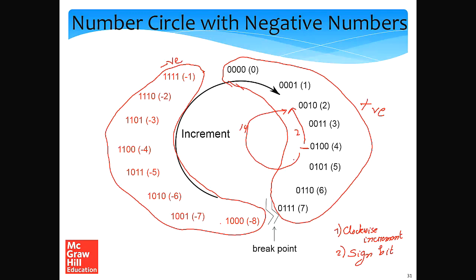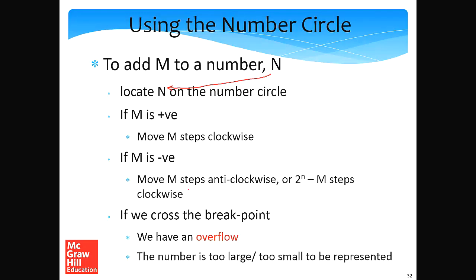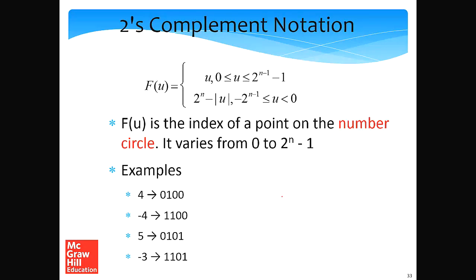This is the crux of this approach: in an n-bit number system, moving m steps anti-clockwise is the same as moving 2 to the power n minus m steps clockwise. Clearly, if we cross the breakpoint, we can have an overflow, which means that the number is too large or too small to be represented, but we'll discuss such special cases later.